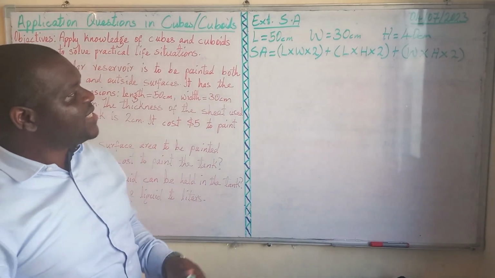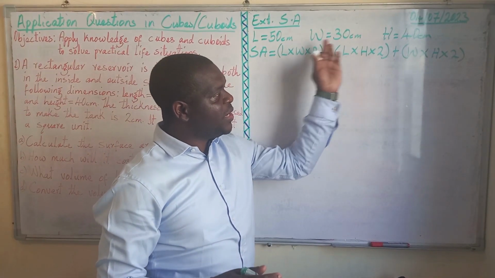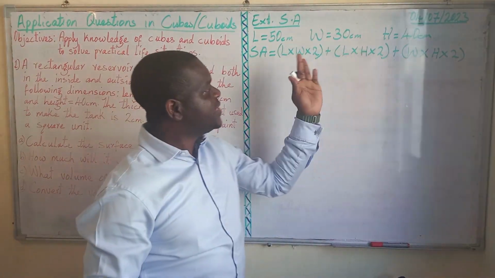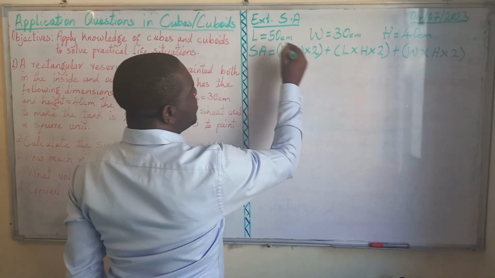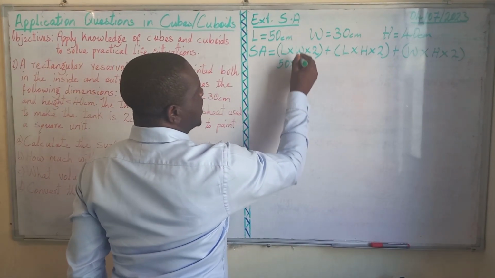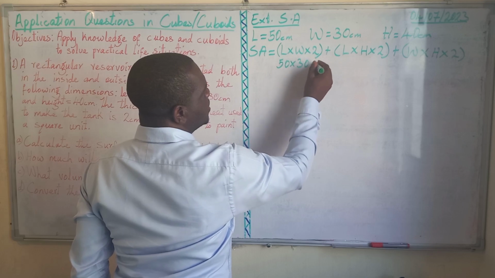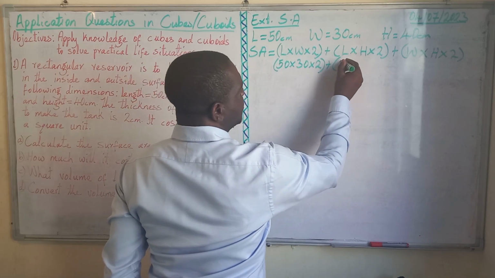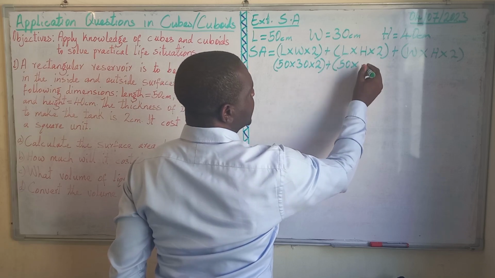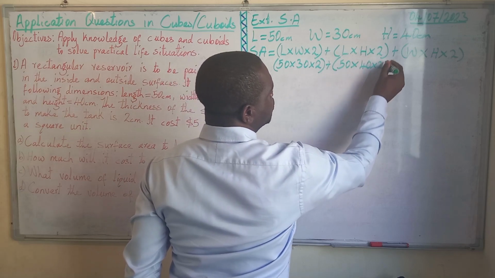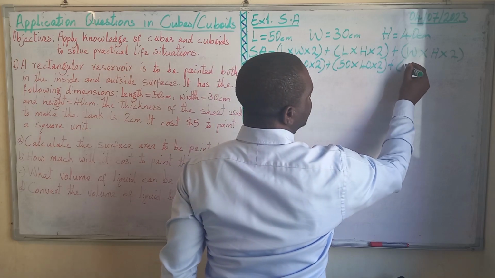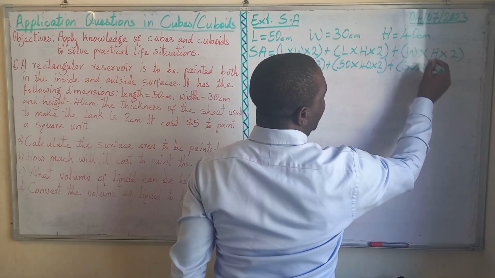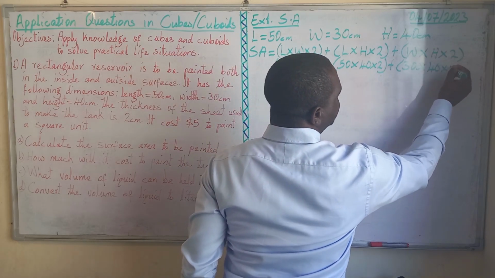The next step will be to substitute. We know the length, the width, and the height. Then multiply. So the length here is 50 times width, which is 30 times 2, plus length 50 times height, which is 40 times 2, plus width 30 times height, which is 40 times 2.